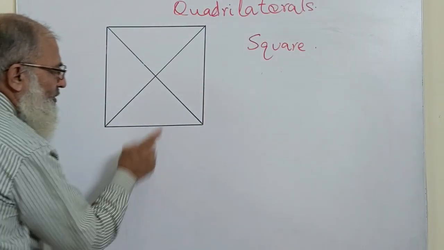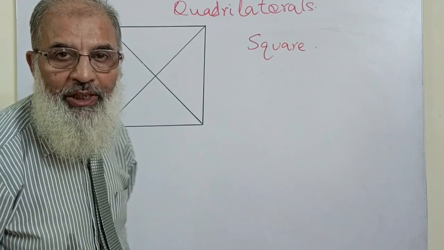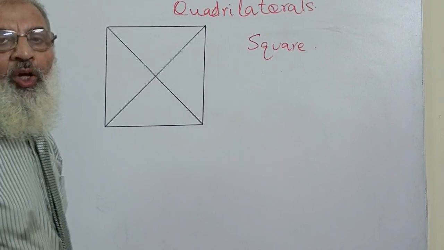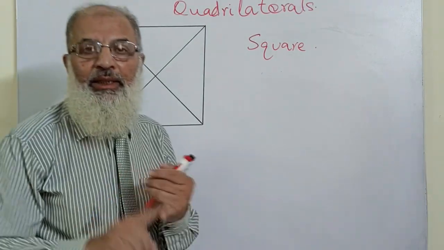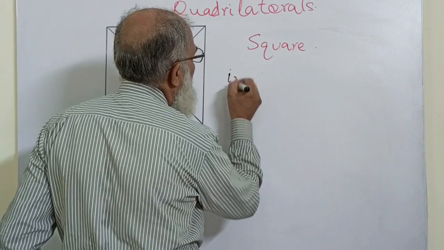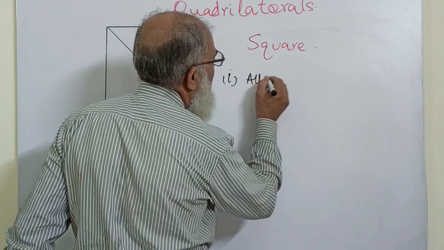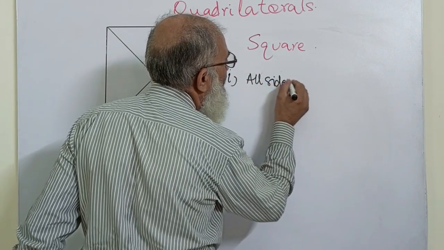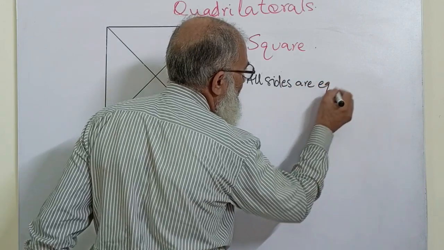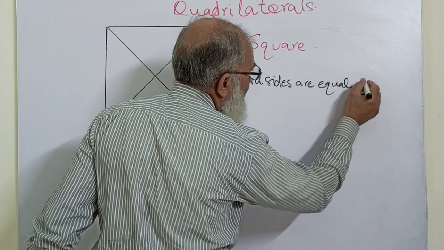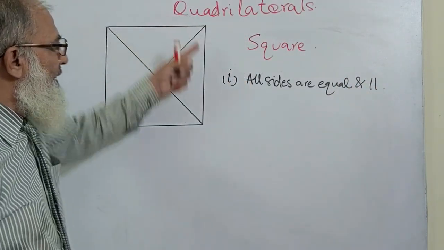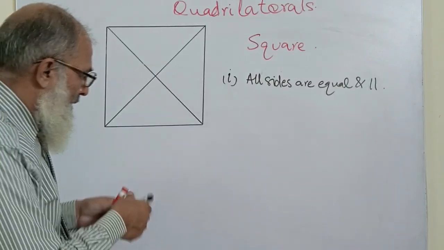That means all the sides are equal. This is the number one property: all sides are equal and parallel.